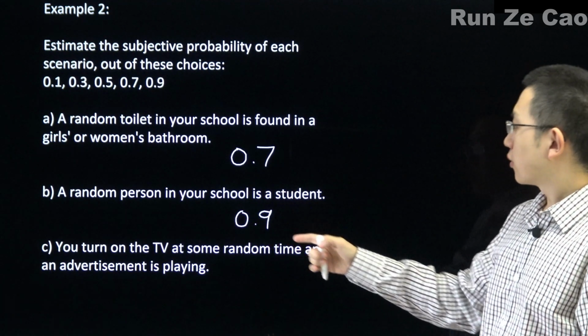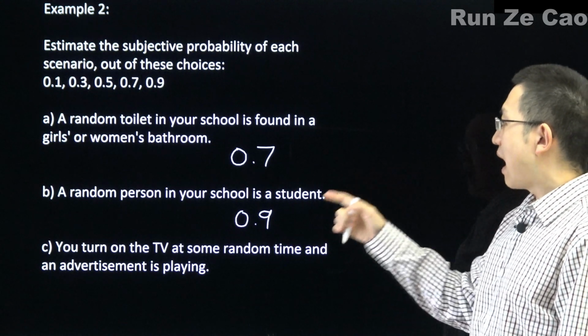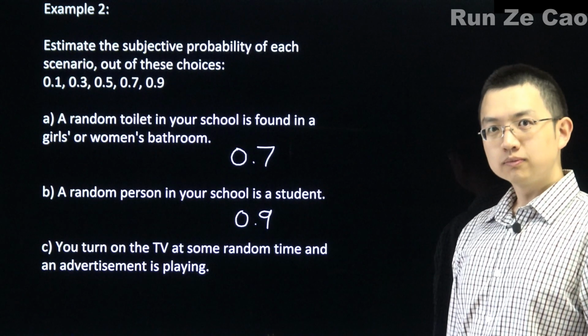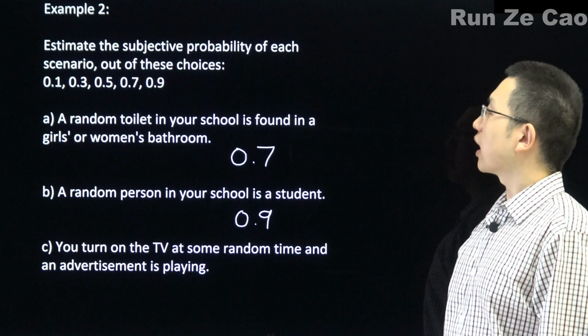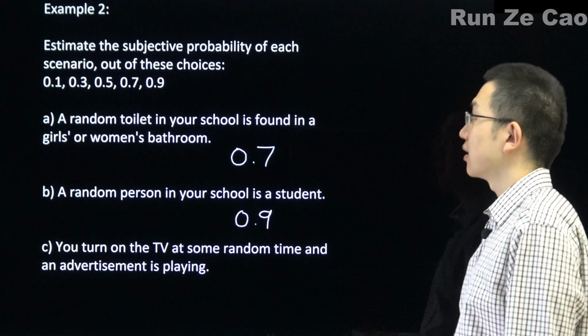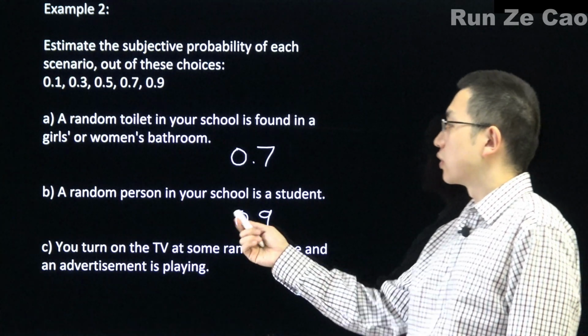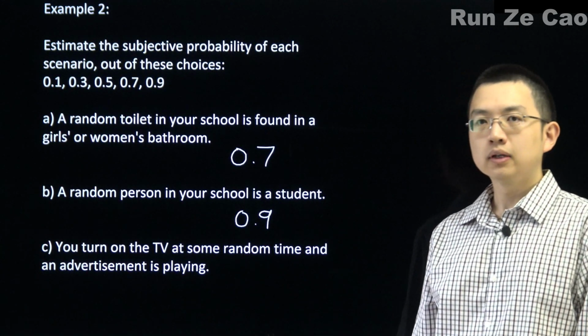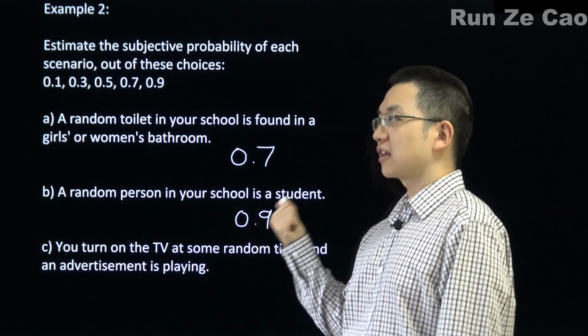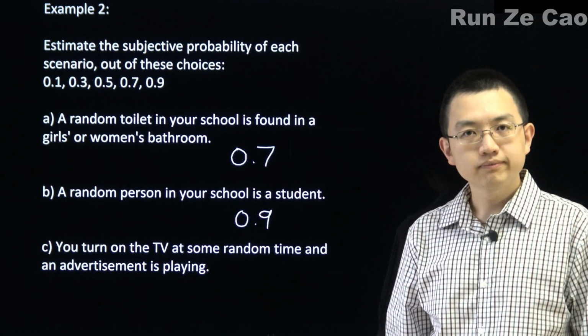A random person found in your school or caught in your school would probably evoke a rather different subjective probability of them being a student than just a random person in your school. And then there's a random person sitting at a desk in your school.